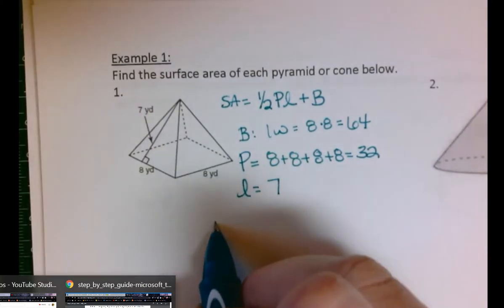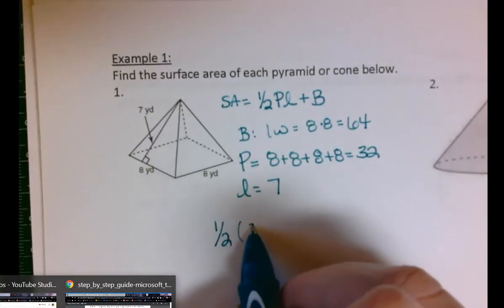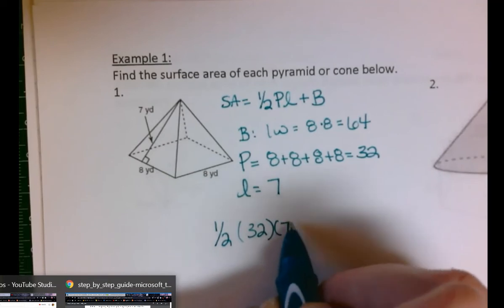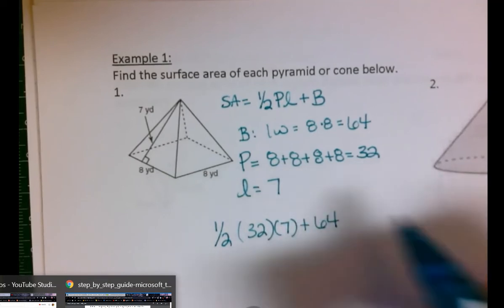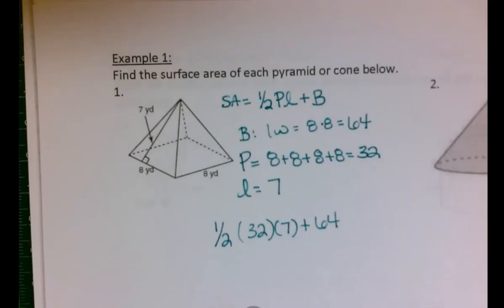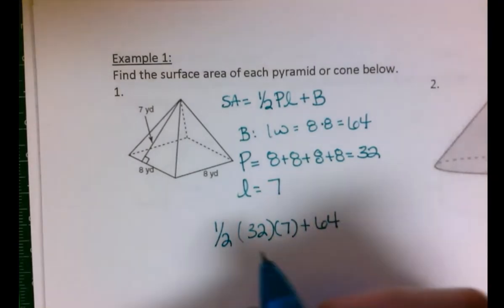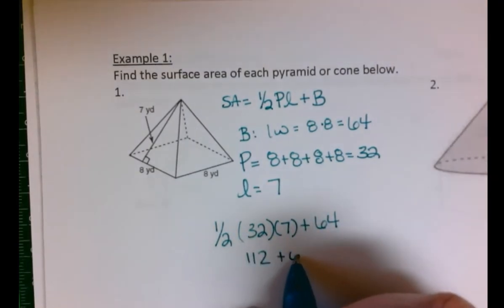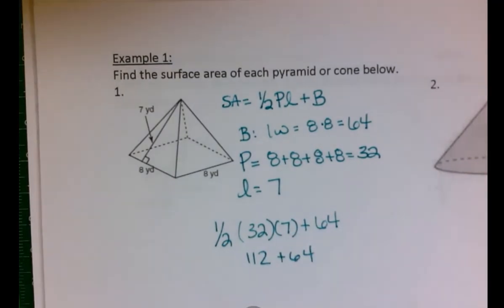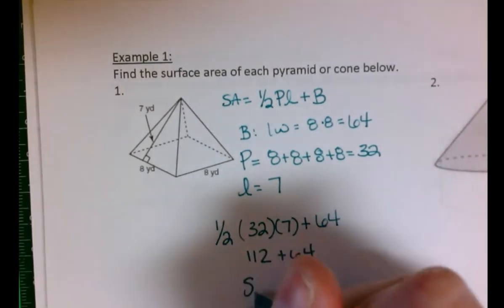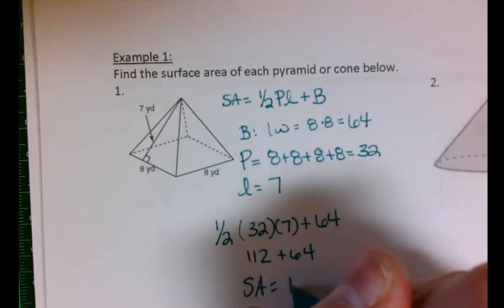So I'm going to have 1/2 times 32 times 7 plus 64. This gives me 112 plus 64. So my surface area equals 176.